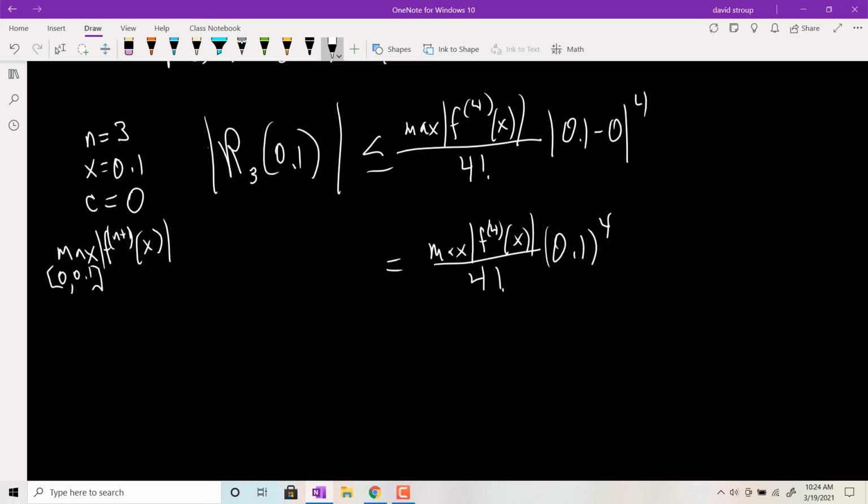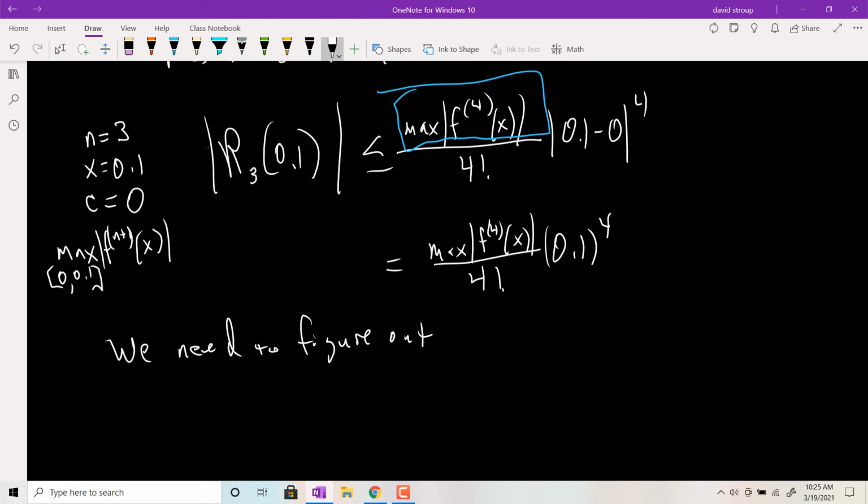Okay. So we need, in particular, to figure out this thing. What is that thing? We need to figure out the max of the 4th derivative of x. You can literally find it, right?